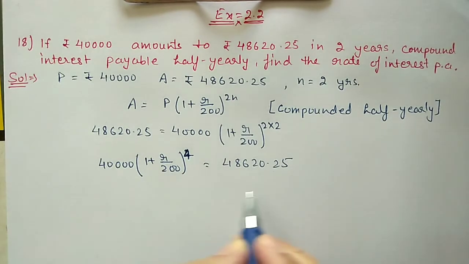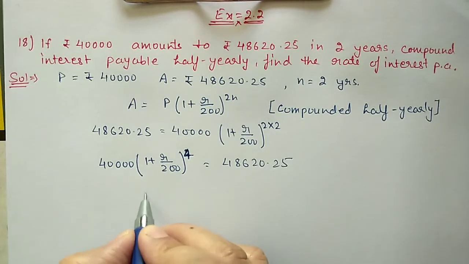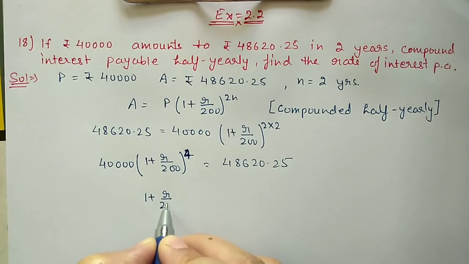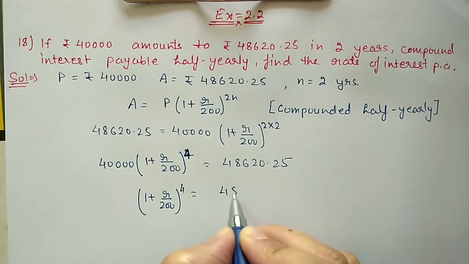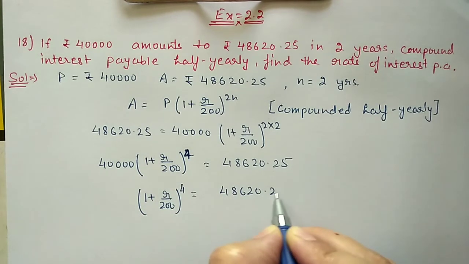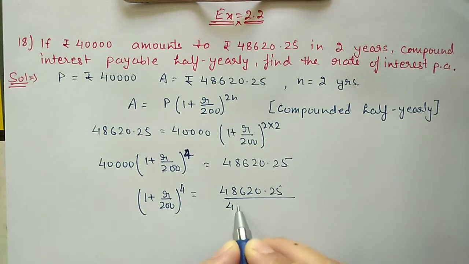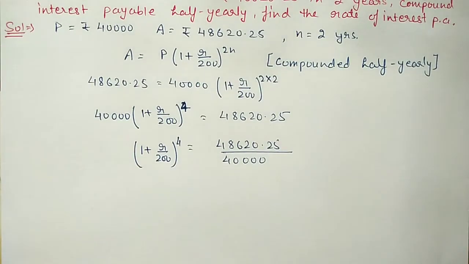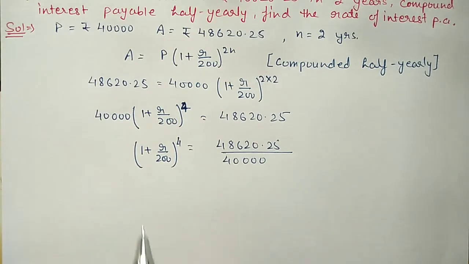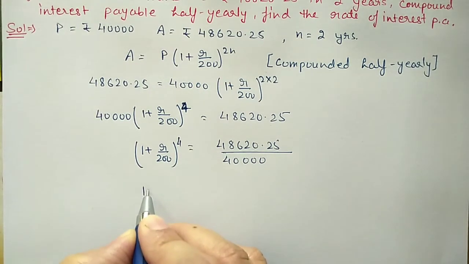Now this 40,000 we will shift here and it will go for division. We'll remove this decimal 0.25 and 2 zeros we will include in the denominator.